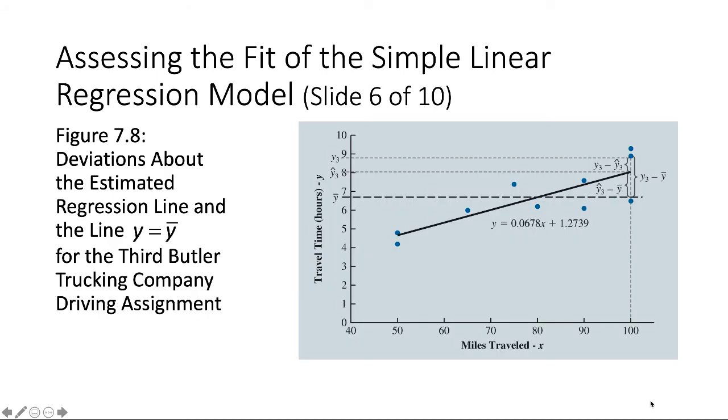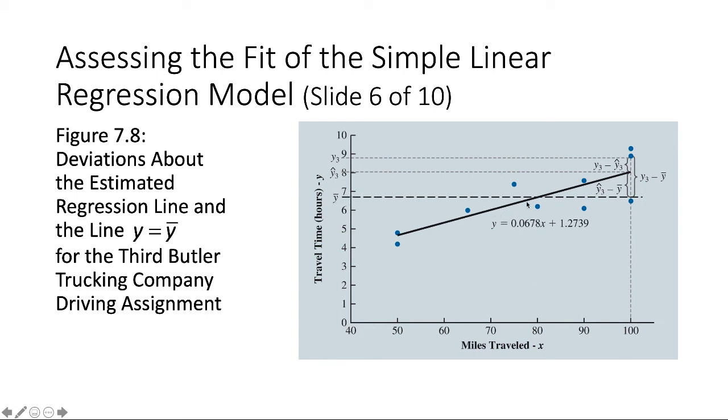In this figure, we show the estimated regression line, predicted y equal to 1.2739 plus 0.0678 times xi, and the line corresponding to the mean of y equal to 6.7. Note that the points cluster more closely around the estimated regression line than they do about the horizontal line, the mean of y equal to 6.7.